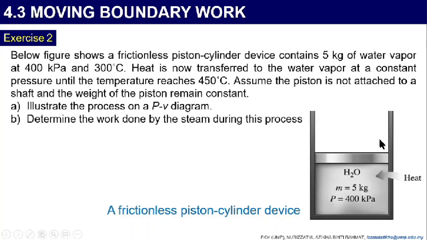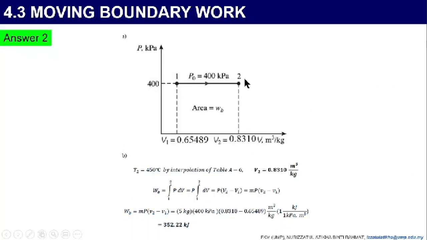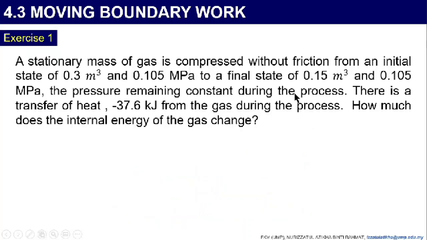So first you have to illustrate the process on a PV diagram. You already learned this in chapter 2. Then determine the work done by the steam during this process. Please do it by yourself and you can refer to the answer here. I already calculated it for you.